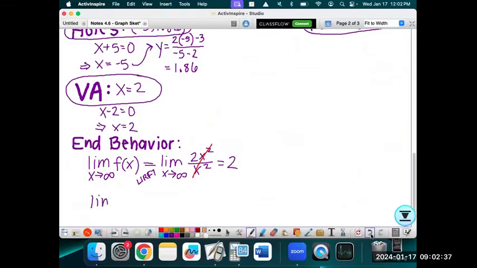And then if we look towards negative infinity, using LERFT again, it would be the exact same terms. So it would actually be the exact same limit.